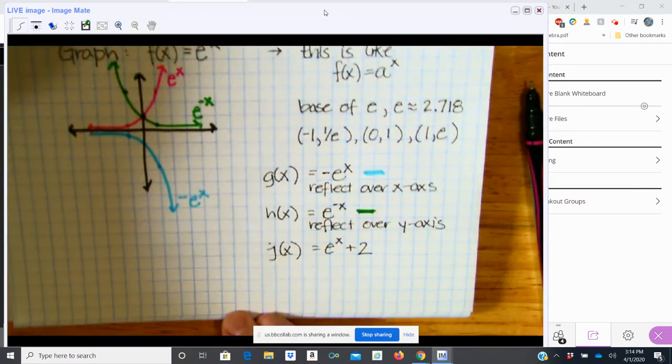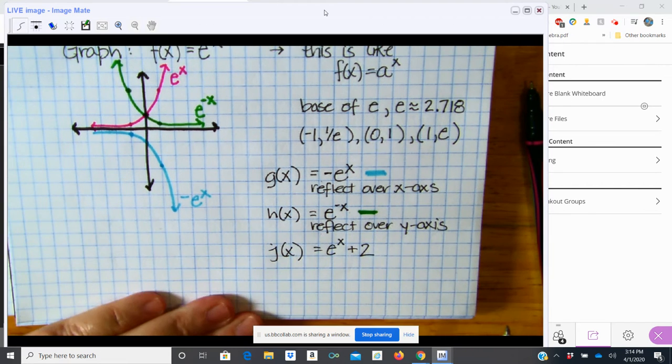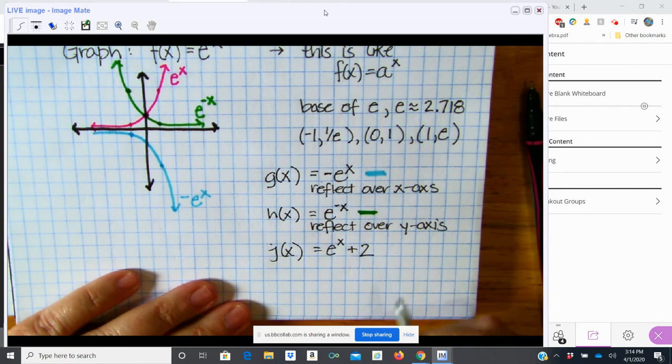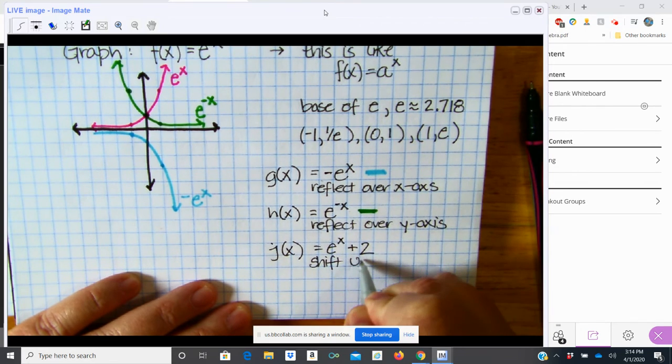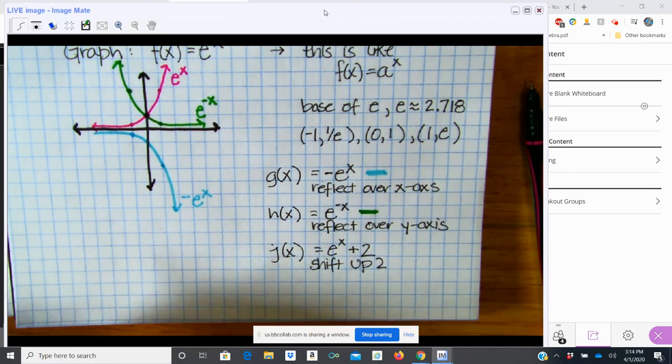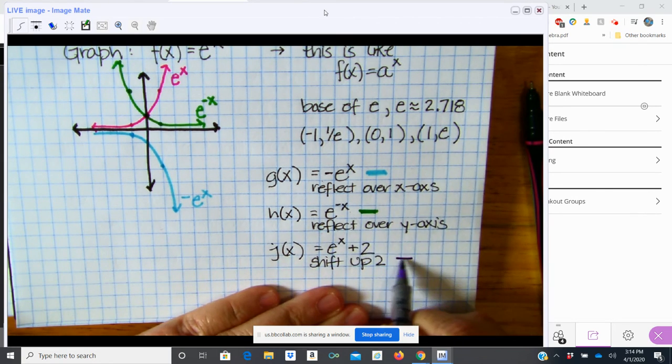What happens if you add 2 to the function? Up 2, yep. This would shift it up 2. We'll make this one purple.